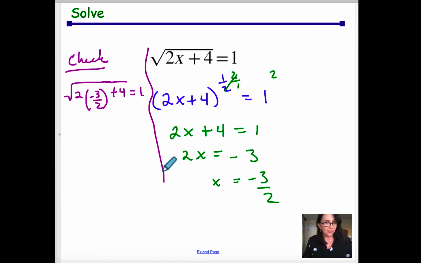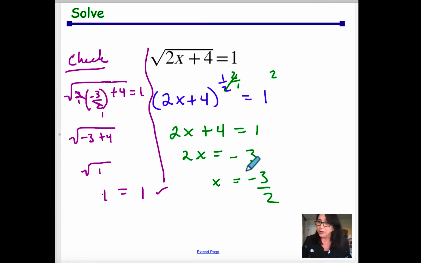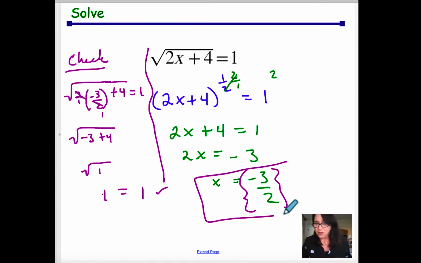The 2's are going to cancel, and they make 1. 1 times -3, still under my root, is -3. Add 4. -3 plus 4 is 1. The square root of 1 is 1. Does that equal 1? Check. Yes, it does. So therefore, the correct answer for this problem is x equals -3/2, and you put your answer in a solution set.